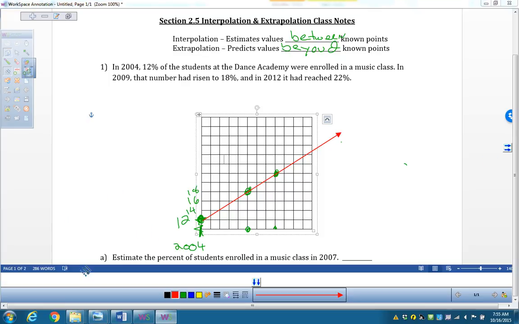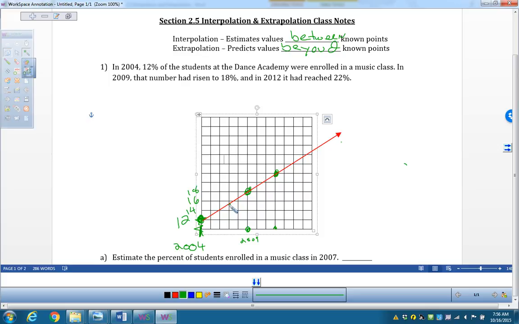Estimate the number of students enrolled in the class in 2007. Who can tell me how I could do that? If this is 2009, right? Go ahead. How about Charlie? You could go back 2 years from 2009, which would be right here. Yeah, and then go up. Up to the graph.